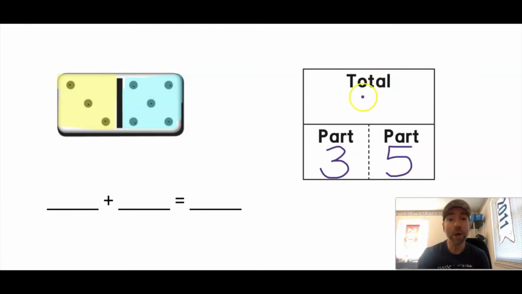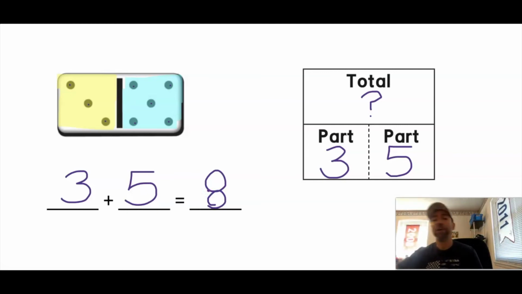So I have 3 in one part and 5 in the other part. But right now I don't know what my total is. So I put a question mark because that's what I have to figure out. In math, we say that's what we have to solve. Well, in order to find the total number of dots in my domino, all I have to do is count up all of my dots. 1, 2, 3, 4, 5, 6, 7, 8 is my total. So that means I had 3 dots plus 5 dots, and it equals 8 dots.